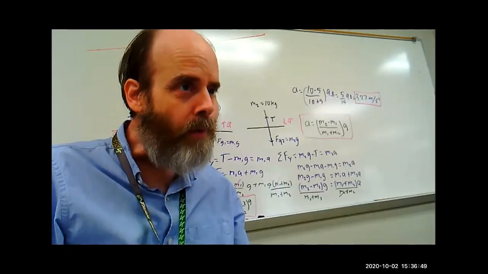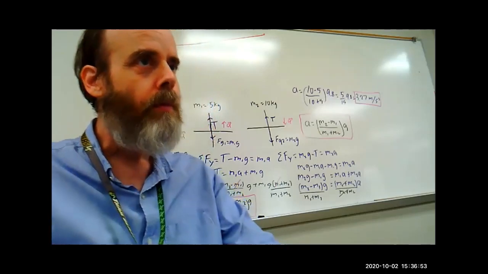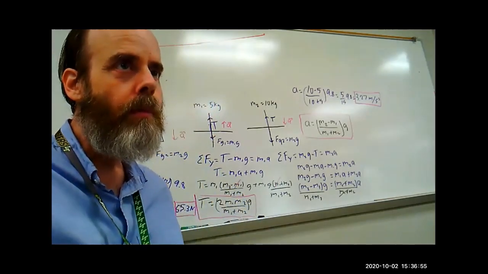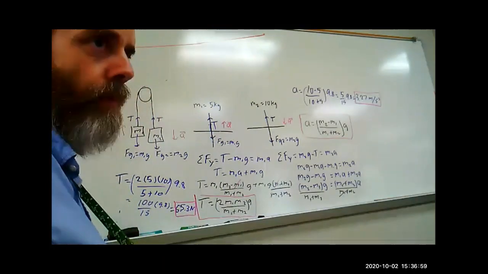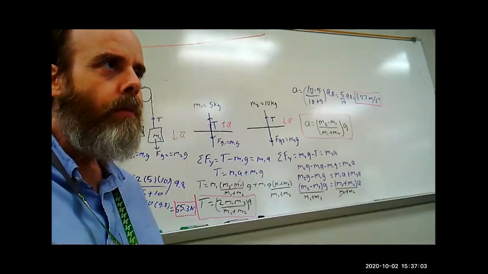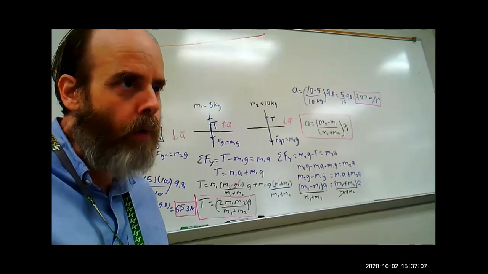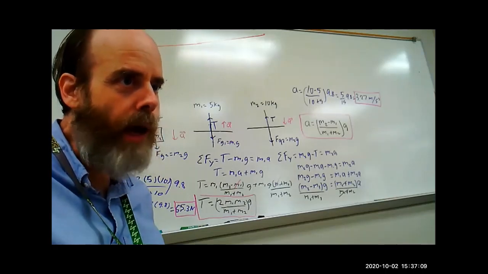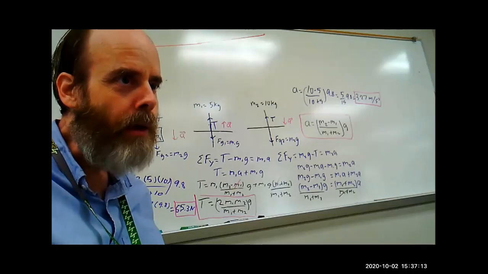Up is positive for M1 and down is positive for M2. That is correct. Okay, that's Atwood's machine. Any further questions? Why did I say up is positive for M1 and down is positive for M2?